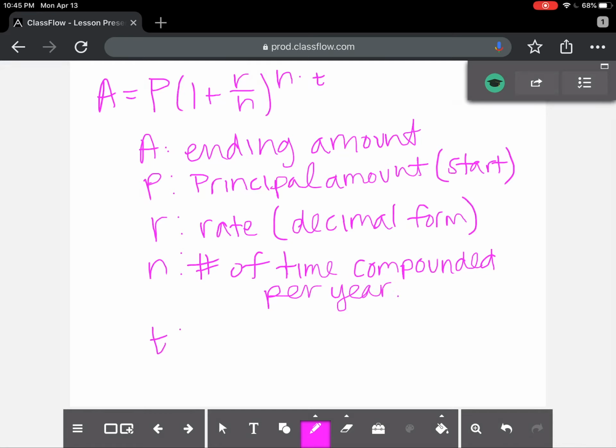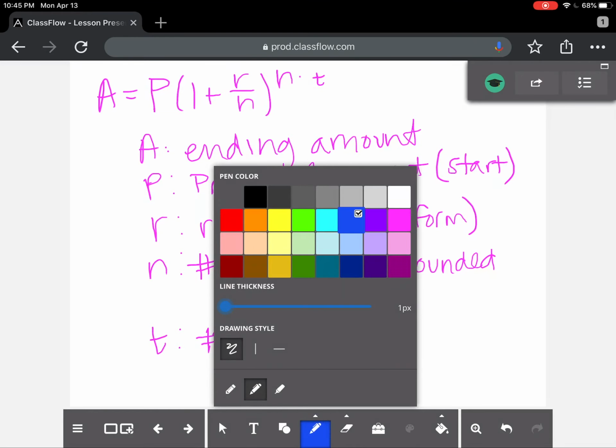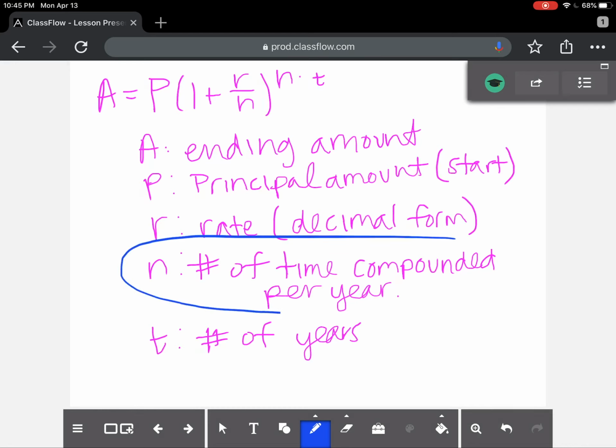And then t is the number of years. Okay? So you need to make sure that you understand how to use this, which means you need to know what each of these variables mean. Okay? And the way you differentiate this particular formula from each of the other ones that we'll be talking about today is this n right here. Number of times compounded per year.